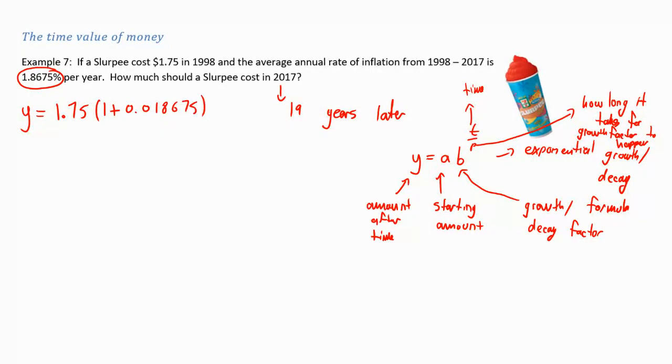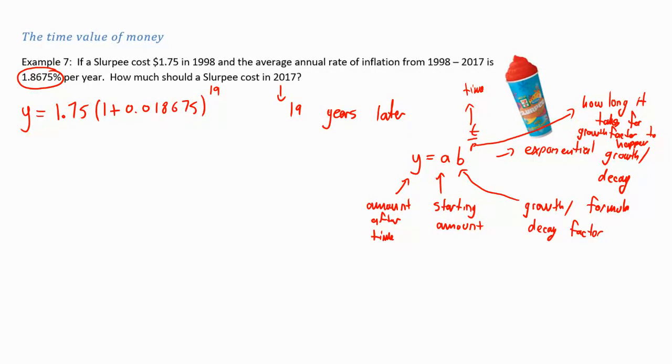The reason it's 1 plus is because if I multiply through the brackets, 1.75 times 1 is the original price of the Slurpee, and 1.75 times 0.018675 is the amount that the Slurpee is increasing by. So for the new price, I need the original price, 1.75 times 1, plus the increase. This is taken to the power of 19 for 19 years.